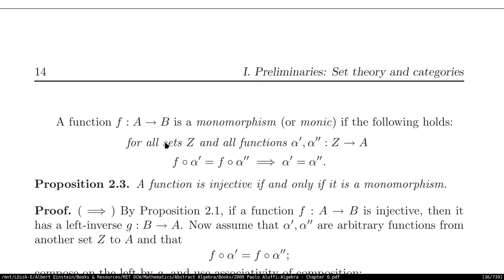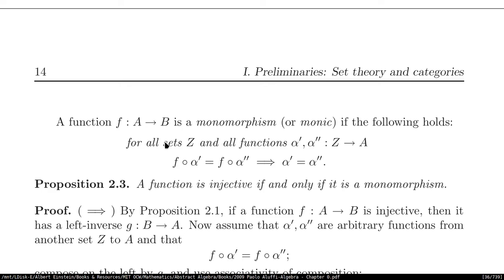So how to think about this is that you're going from A to B using f, right? Now you have some other set Z, let's imagine it's on the left. Then you have two ways of getting from Z to A using alpha prime or alpha double prime.